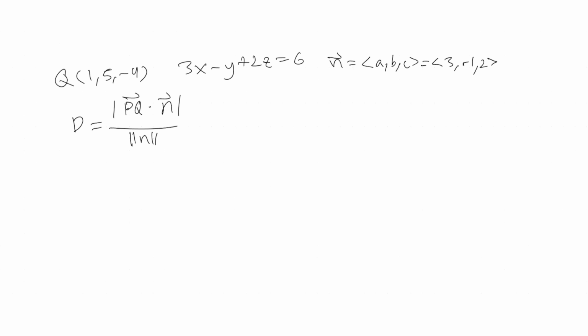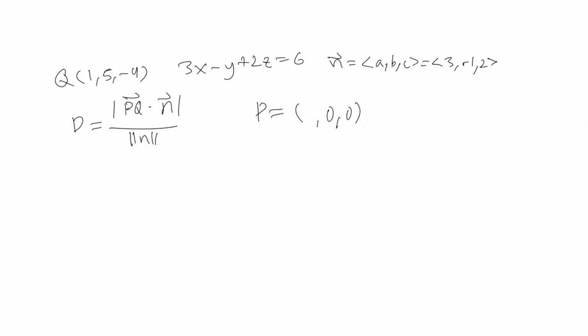And then to find our PQ vector, we need to find a random point on the plane, that's point P. What we can do here is set any two coordinates to 0. So we're going to set our y and z to 0, which greatly simplifies the plane equation.